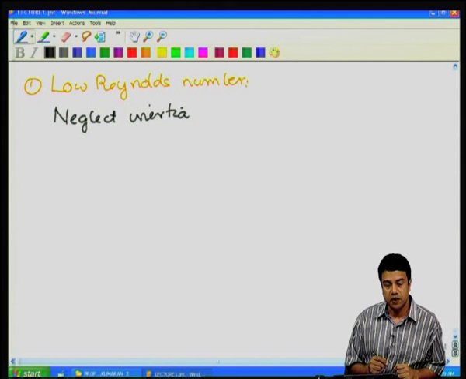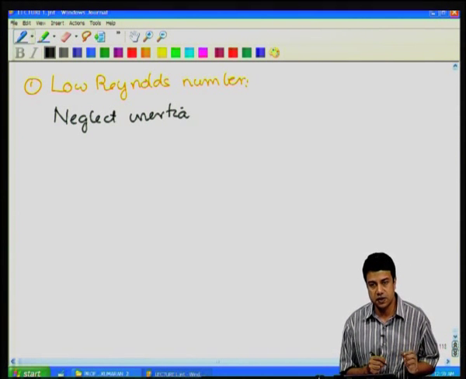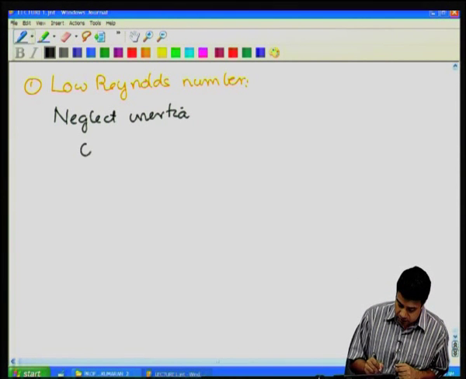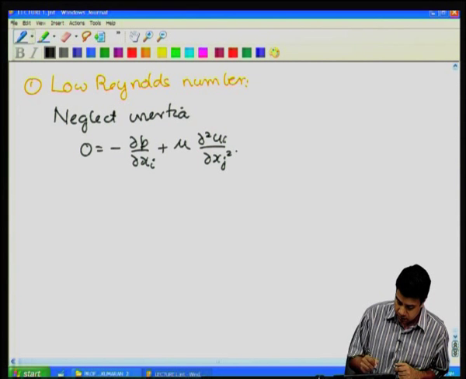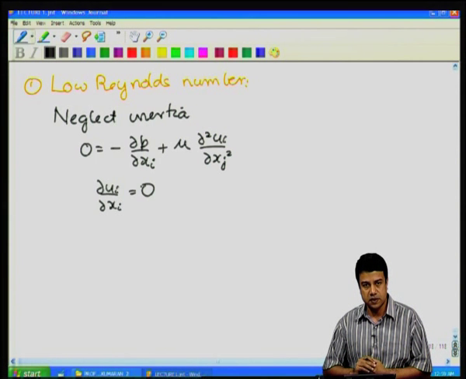My conservation equation in the absence of the inertial terms, where you set the density equal to 0, is just 0 equal to minus grad p plus mu times the partial square u i by partial x j square, and the divergence of the velocity is also equal to 0. So, that is the first case, low Reynolds number.